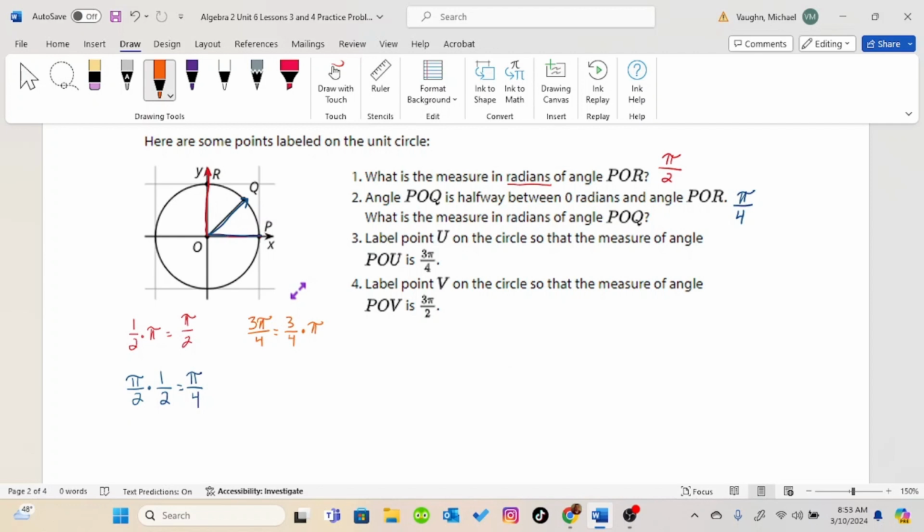So if point Q created pi over 4, because it was 1/4 of pi, and POR created pi over 2, because it was 1/2 of pi, then 3/4 times pi should be a point right over here, because then that will create 3/4 of pi.